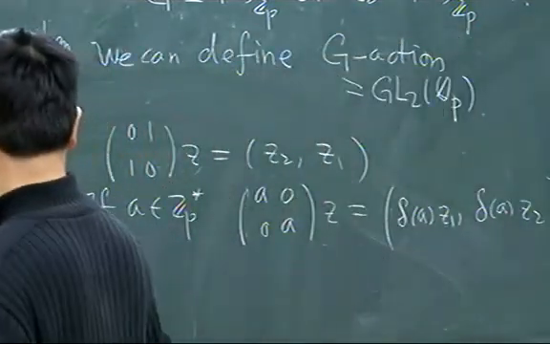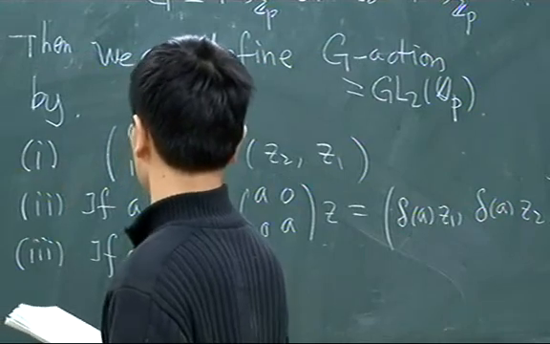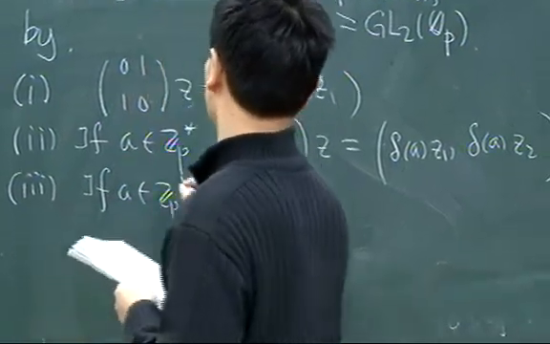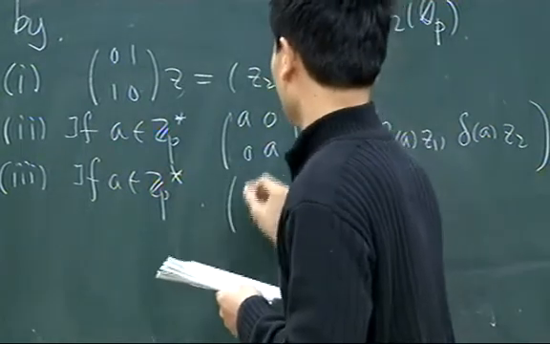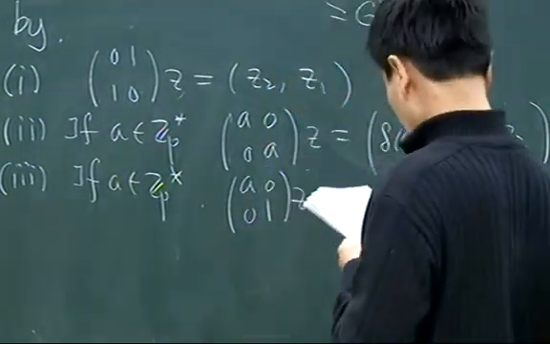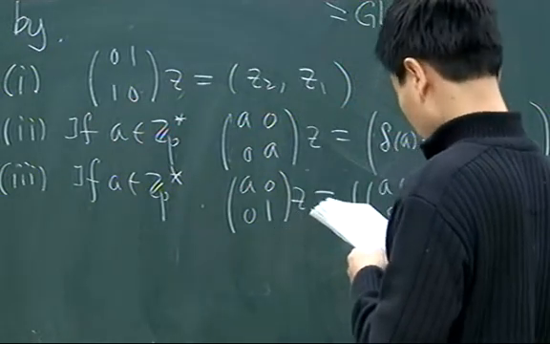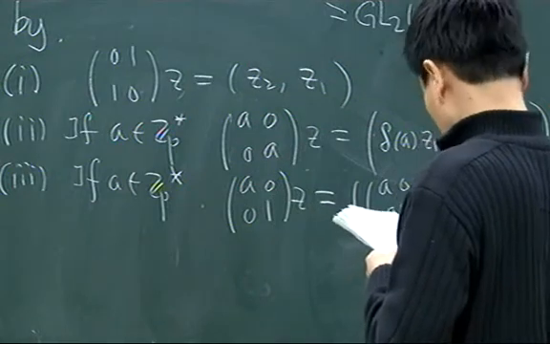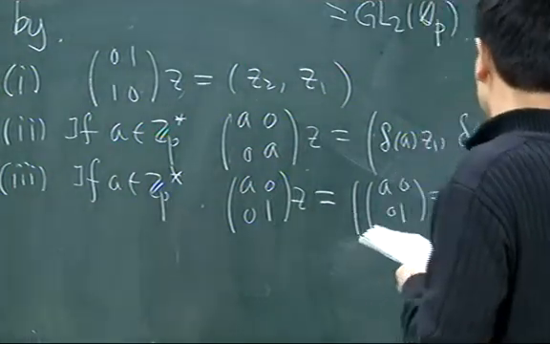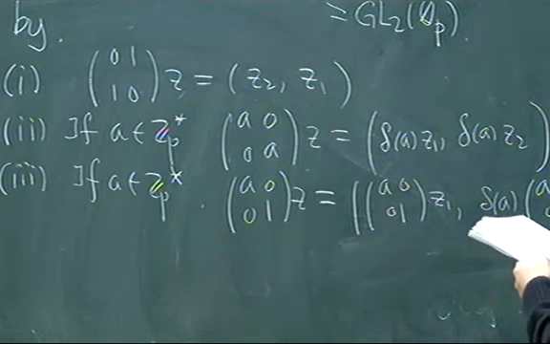Now if A is in Zp cross, then A001 Z is A001 Z1, delta A negative 1, 0, 0, 1, Z2.